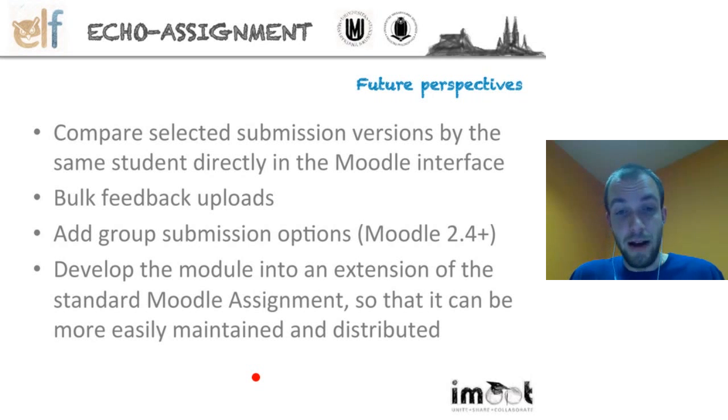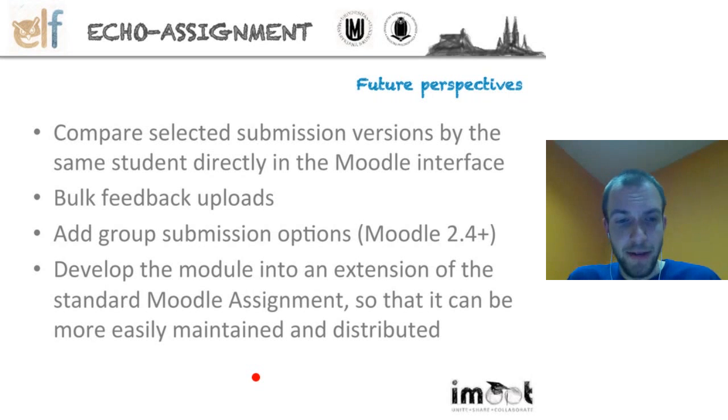We need to add the group submission options, which is available in Moodle for the normal assignment module, starting from 2.4. And our plan is to cooperate, if possible, with the people who are responsible for assignment module development.